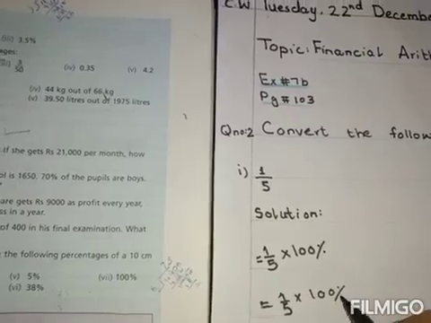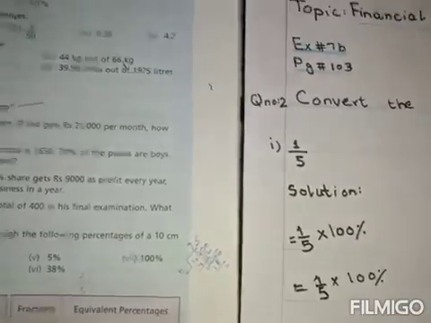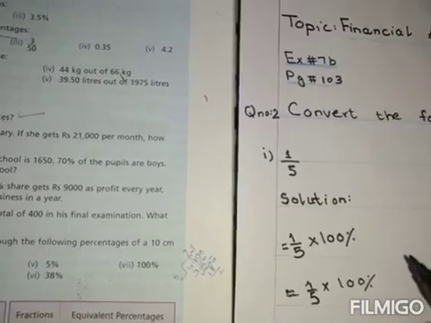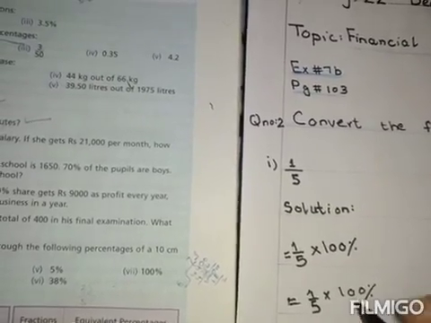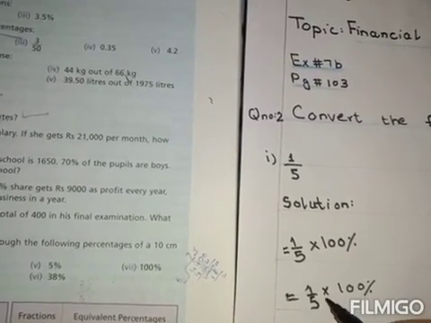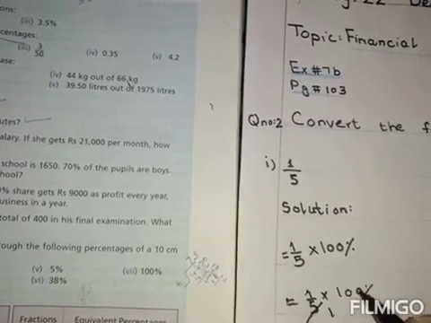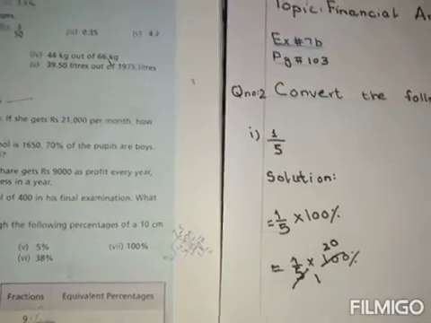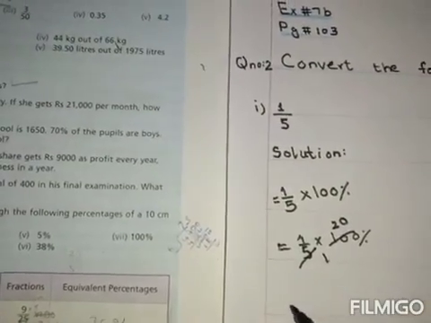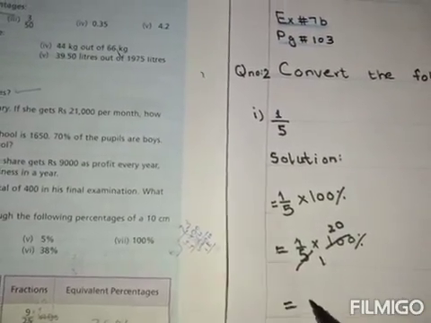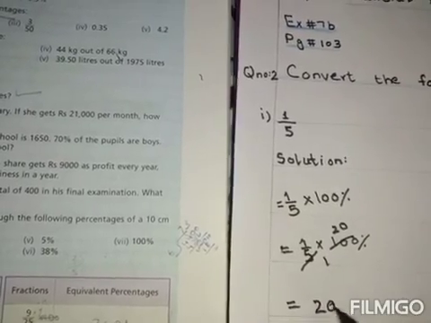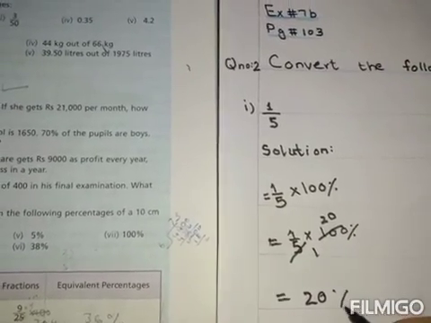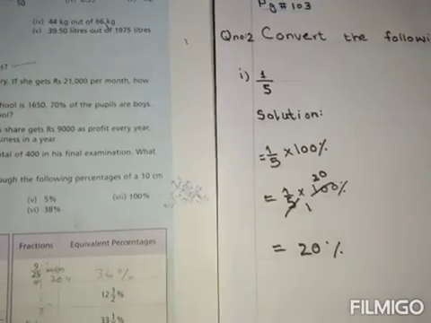Now you know that a number which has 0 or 5 in the unit place cuts by 5. So 5 ones are 5, 5 twenties are 100. So 1 times 20 is 20. 20% is your answer.